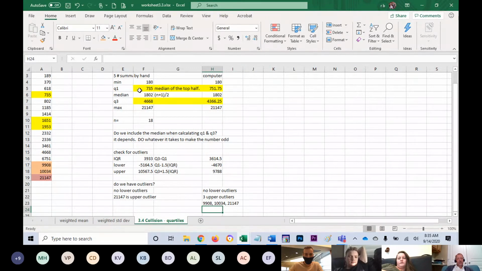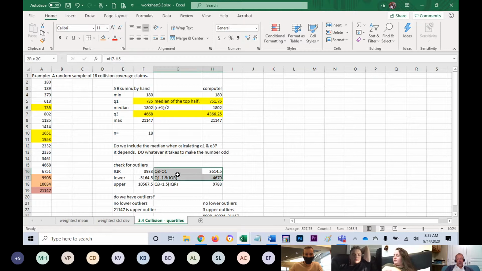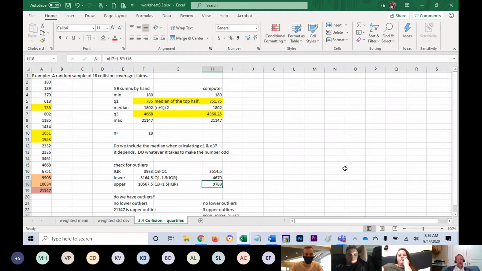Where did that new number come from? So remember, we have different fences here. Because these numbers are different, I've got a different interquartile range. Notice this interquartile range is smaller than that one. So if I use this quartile, I'm going to use the same formula. This is Q1, which in this case is 71, whatever, minus 1.5 times this interquartile range, which is negative 4,670.